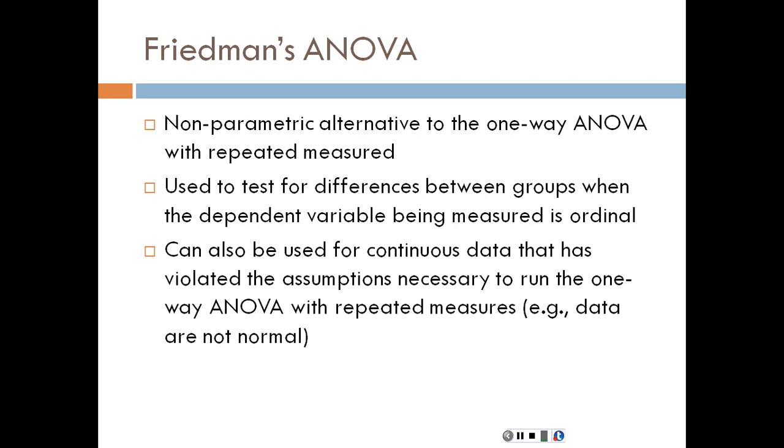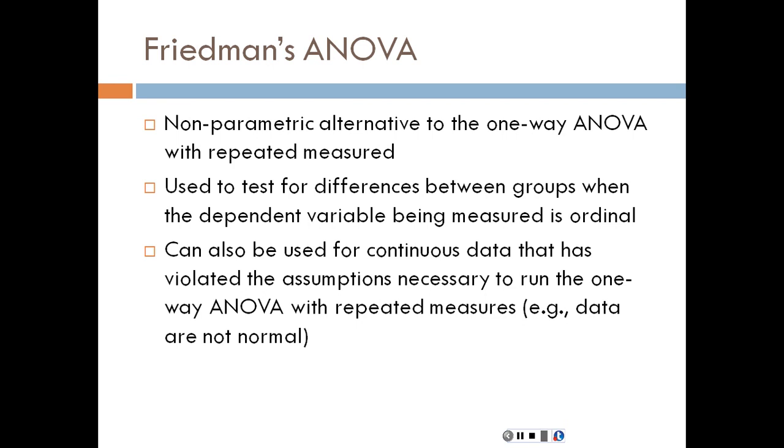So, our Kruskal-Wallis test is where we compared 3 or more groups, but these were independent groups. Now, looking at our Friedman test, these are related groups. Like before, when we had that one group and we looked at before and after, with Friedman's ANOVA we can take multiple measures.